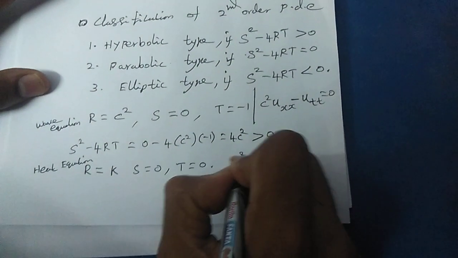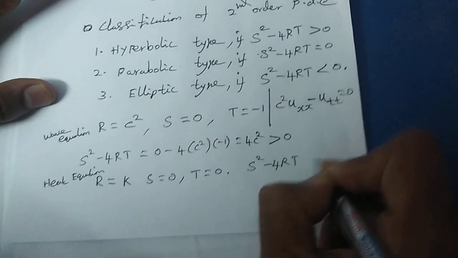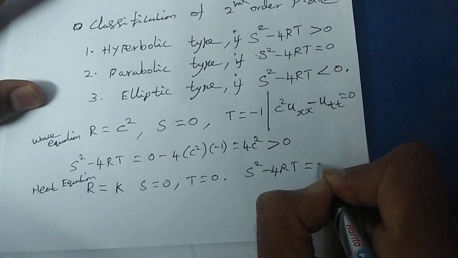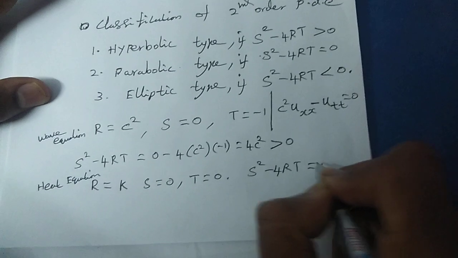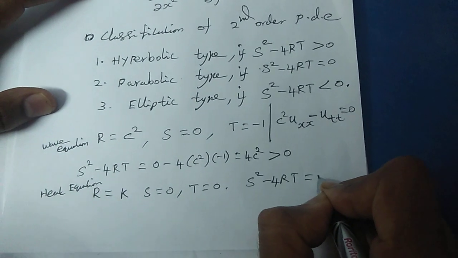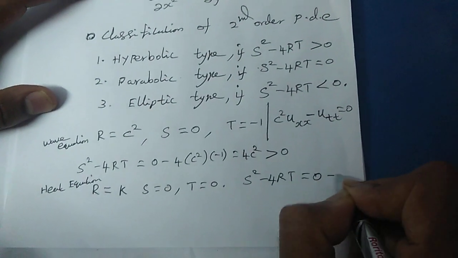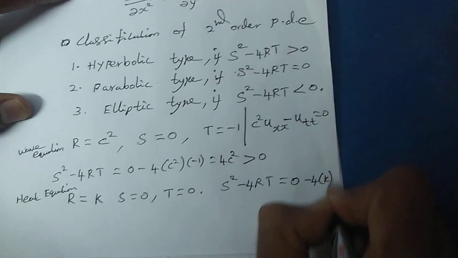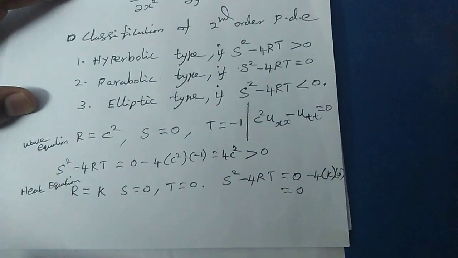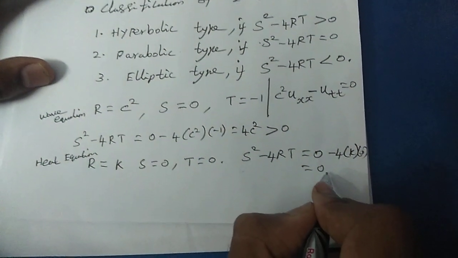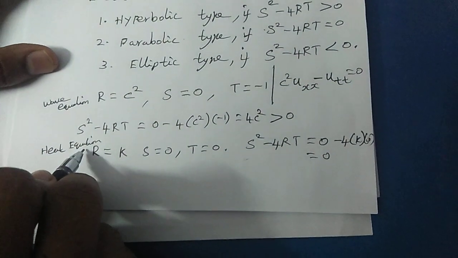Calculating S² − 4RT, this is 0 − 4 into k into 0. So this is 0. S² − 4RT is 0, therefore our heat equation is parabolic type.